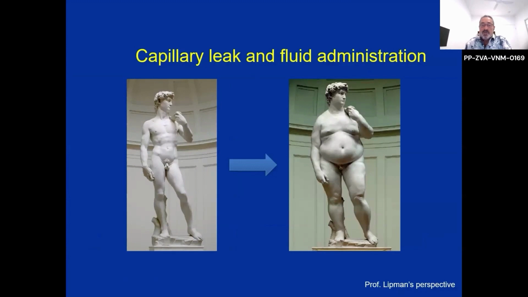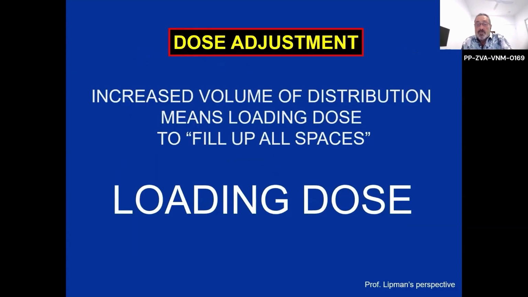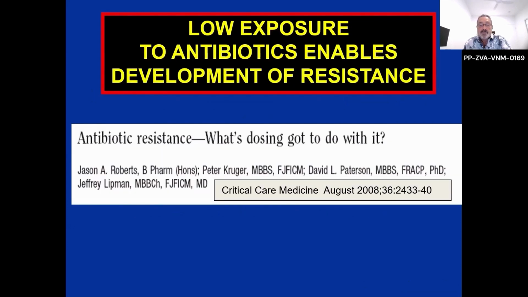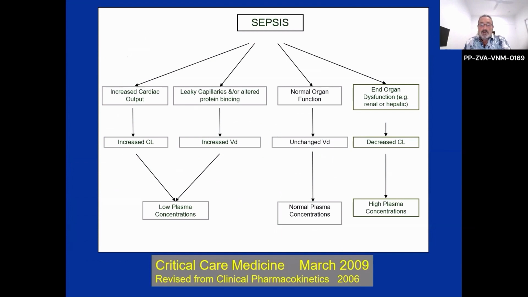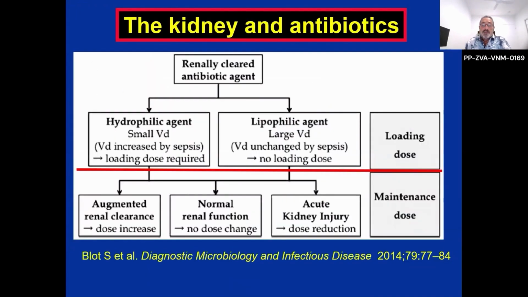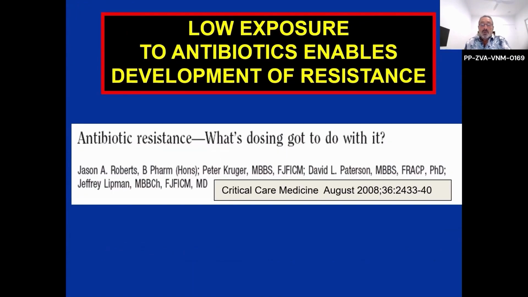When you start off with these really volume excess patients, you have to give a loading dose of the antibiotic. In other words, you have to fill up all those spaces. And I'll show you which drugs particularly need a higher loading dose. Because if you don't fill up those spaces, you'll be underdosing.